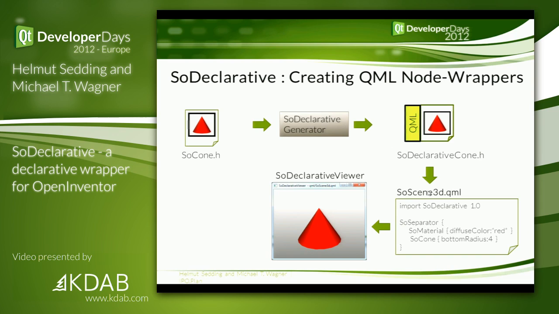So finally, you can just define an SoScene3D QML file which contains an inventor scene graph, which I will show you in a minute. We also wrote the SoDeclarative viewer, which is a QGLWidget that can render the 3D scene defined in this Scene3D QML.